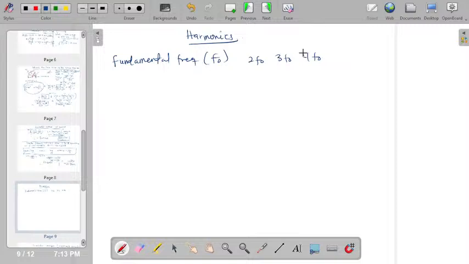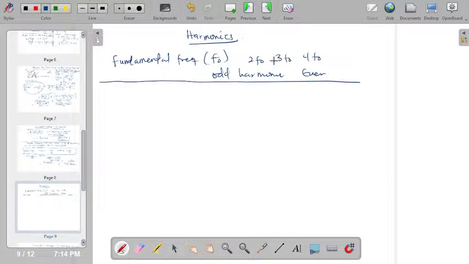We can have odd harmonics, we can have even harmonics. What's the essence of this? Sometimes a sinusoidal wave will be represented as harmonics, that is, of different frequencies.